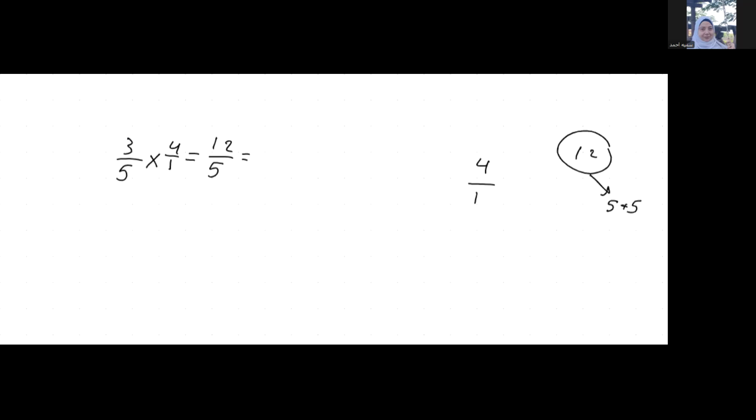So we have whole 2 in the whole number, and then the remainder is 2 after taking 10. 5 and 5 equal 10, after taking 10 from the 12 the remainder is 2 and the denominator doesn't change.